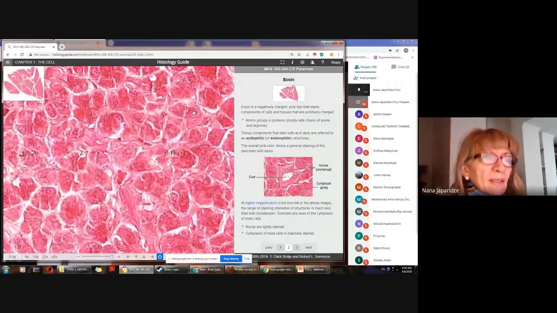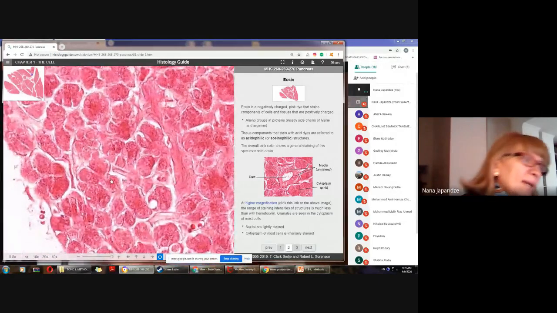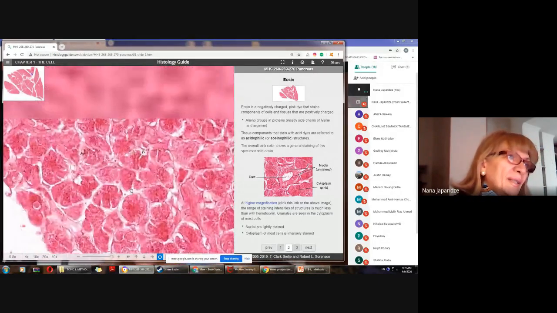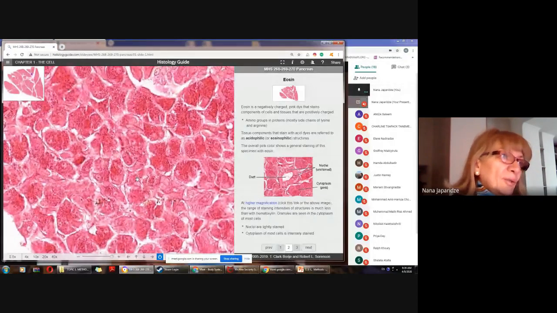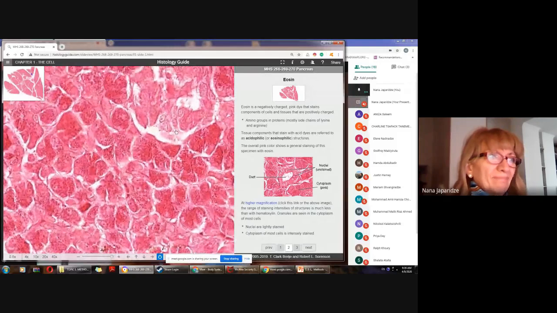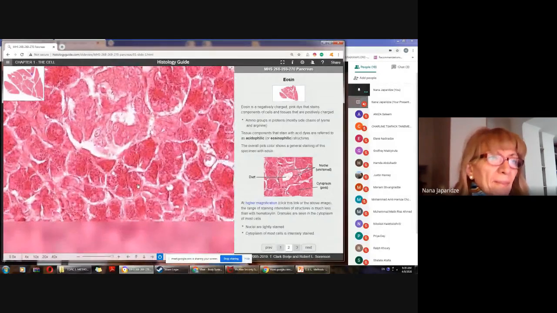You can see here, for example, the nucleus, nucleolus, but identification of, for example, different types of chromatin, hetero and euchromatin, is not so easy.